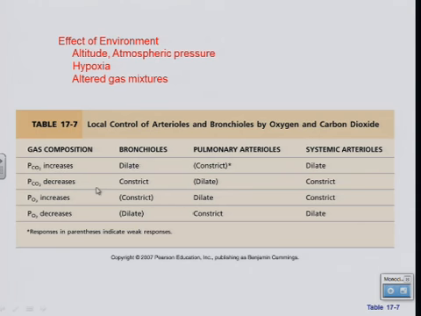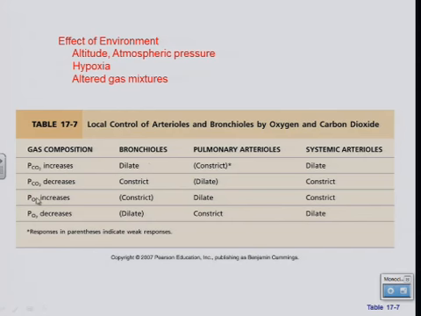Low CO2 causes a constriction of the bronchioles. So if we have a high CO2, remember, the CO2 comes from the tissue. So if we have good blood flow to the alveoli, that means we're going to have a lot of CO2. So if we have good blood flow, high CO2, we dilate the bronchioles, and we match that with good airflow.